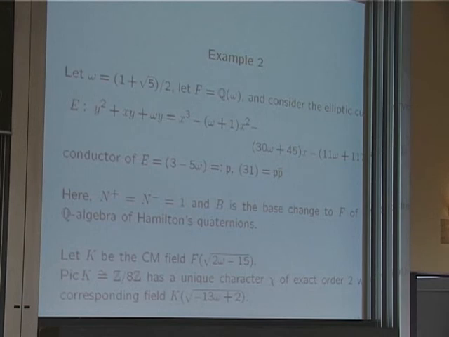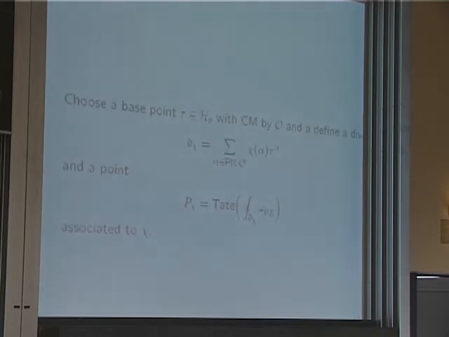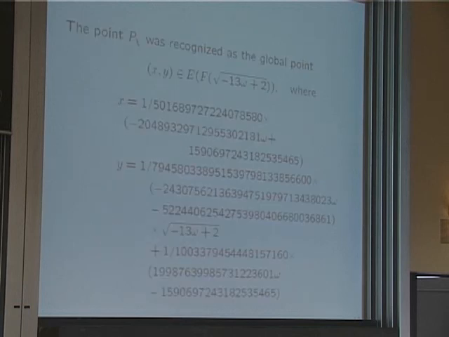And if I want to find something in the isotypic component of the Mordell-Weil group corresponding to that character, I define the appropriate degree 0 divisor, take the integral over that degree 0 divisor, try to recognize these things as global points, and you find these complicated points in higher degree number fields on elliptic curves defined over number fields. So it's sort of cool when you actually see the numbers working out. All right, I'll stop there.